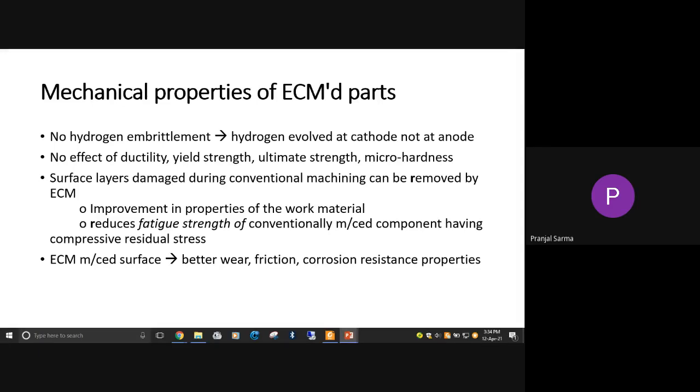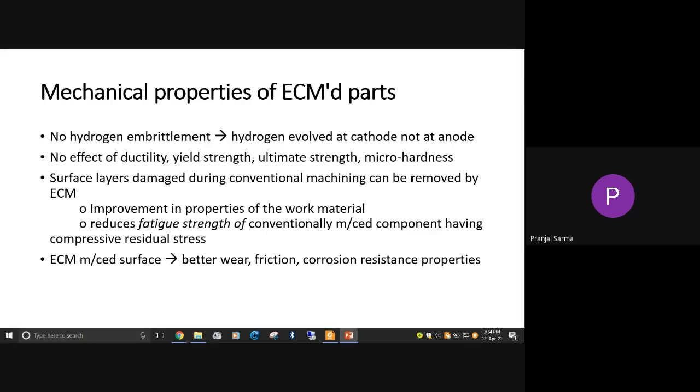What happens to the mechanical properties of ECM parts? There is no hydrogen embrittlement, because the hydrogen is evolved at the cathode, not at the anode. The anode is our workpiece, so hydrogen embrittlement of the workpiece is not there. Properties like ductility and strain are not affected.